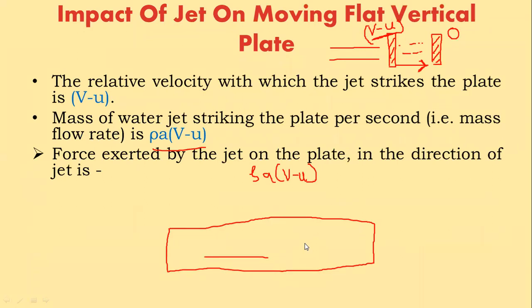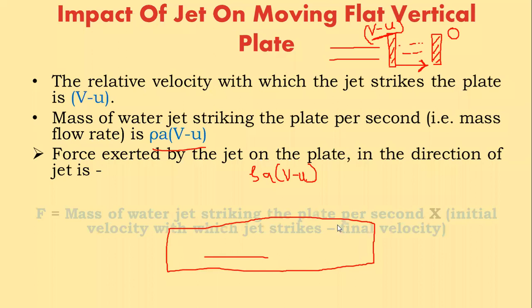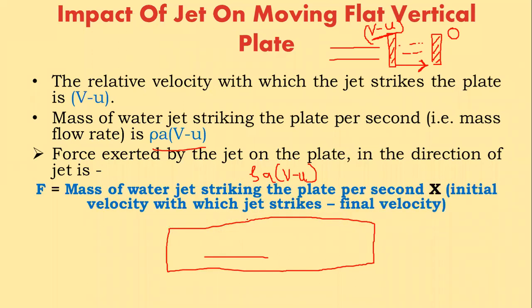Okay, and the force exerted by the jet on the plate in the direction of the jet will be, we already know the formula according to the impulse momentum principle. It is mass of water jet striking the plate per second into initial velocity with which the jet strikes minus final velocity.